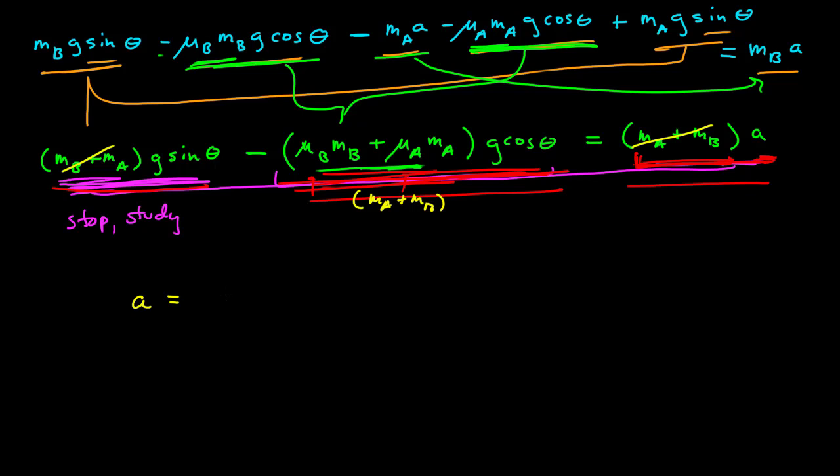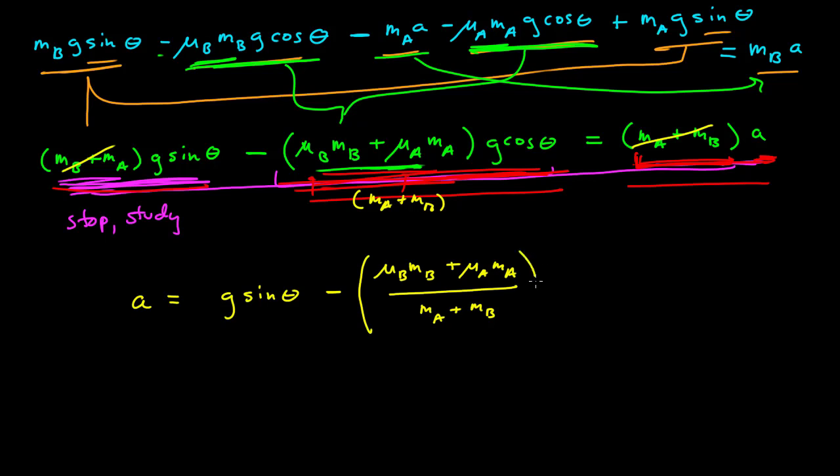So my acceleration is equal to g sine theta minus this really kind of complicated expression here, mu sub b m sub b plus mu sub a m sub a, divided by the total mass m sub a plus m sub b, times g cos theta.